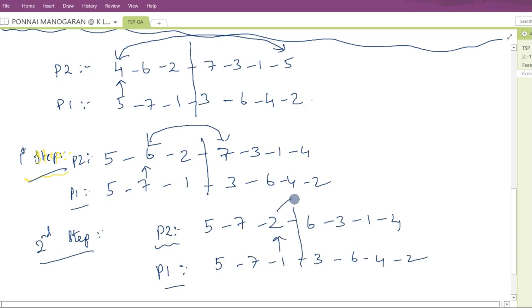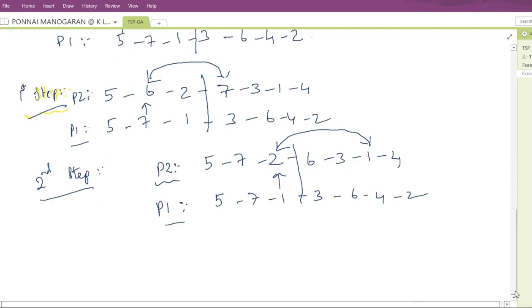If you transfer, it will violate with this location. So you swap it and then you perform the transformation. After doing this, you will get P2, P1: 5, 7, this time 1, 6, 3, 2, 4.